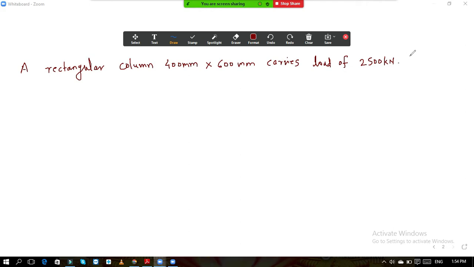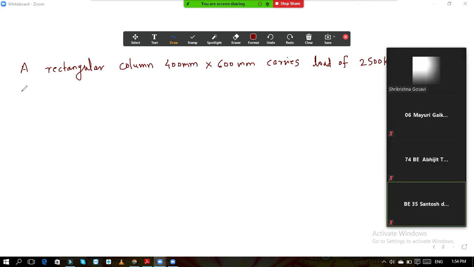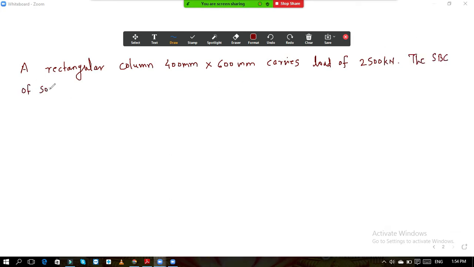The safe bearing capacity of soil is 150 kilonewton per meter square.